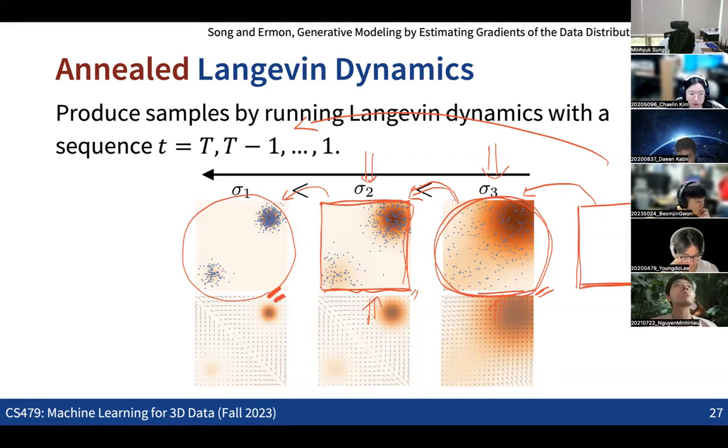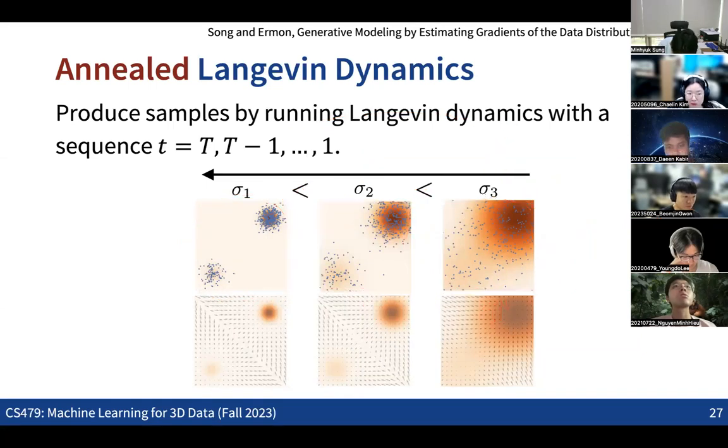So we have multiple intermediate steps in a way that the difference between the target data distribution and the previous distribution becomes minimized, so that we always have accurate score information. That's the idea of annealed Langevin dynamics.